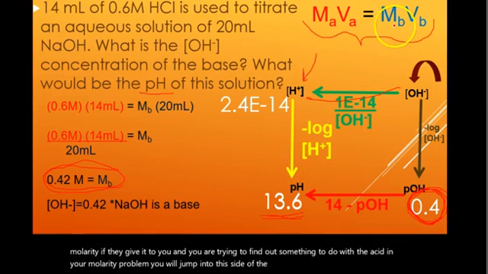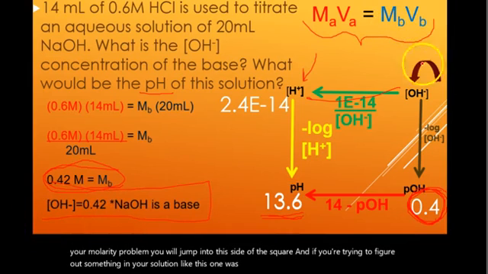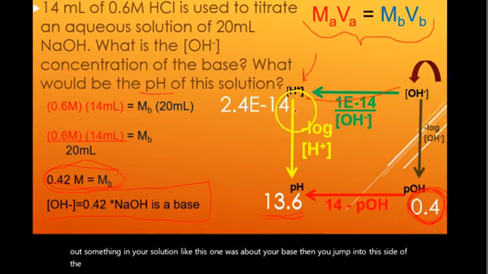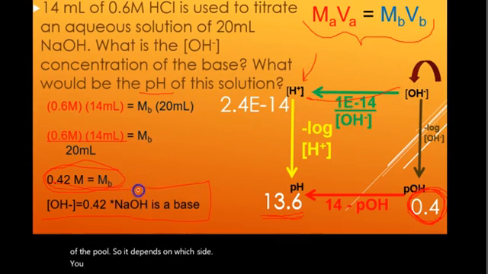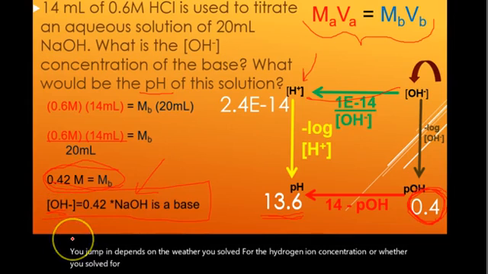And if you're trying to figure out something in your solution like this one was about your base, then you jump into this side of the pool. So it depends on which side you jump in, depends on whether you solved for the hydrogen ion concentration or whether you solved for the hydroxide ion concentration. All right, go do your practice problems about molarity.